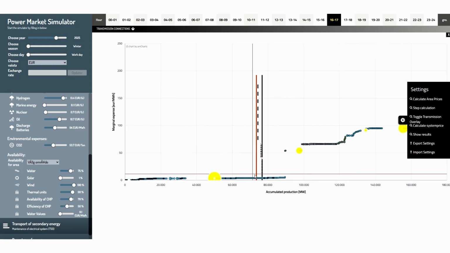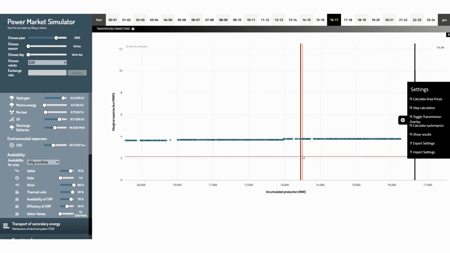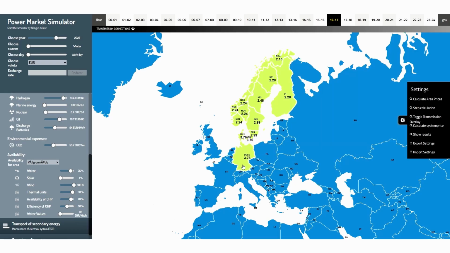So Germany is in fact importing power. And if you look at the unit, it has a marginal cost of 3.76 euros. And this is in fact also the price in these three areas. So it is a wind turbine that is the price setting unit in DK1, DK2 and in Germany.